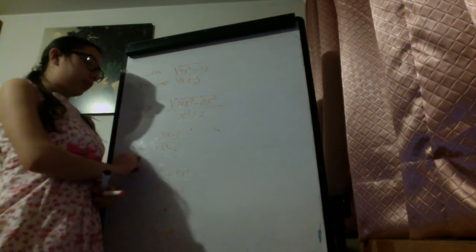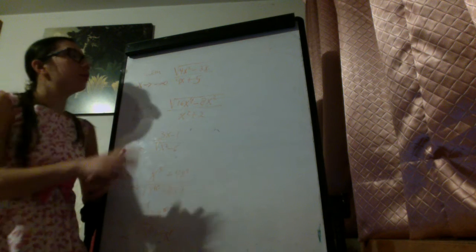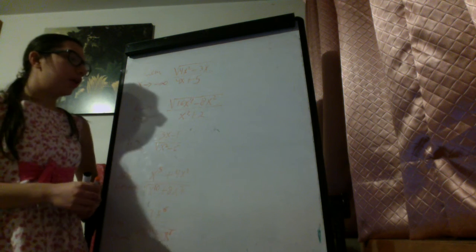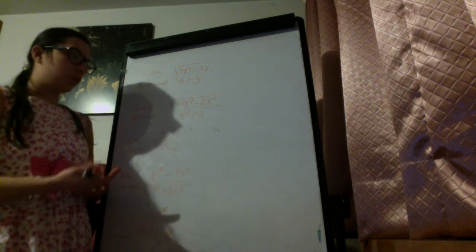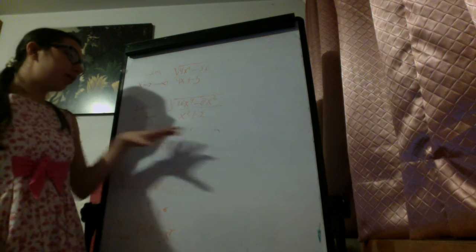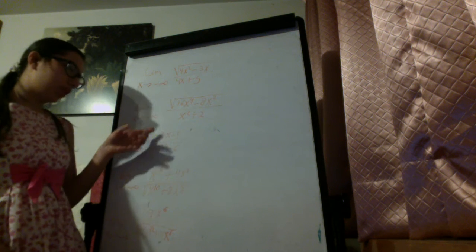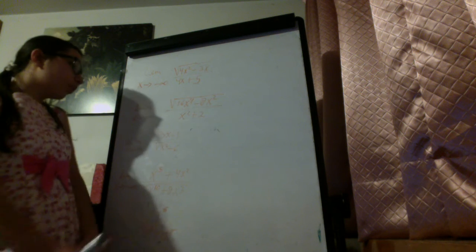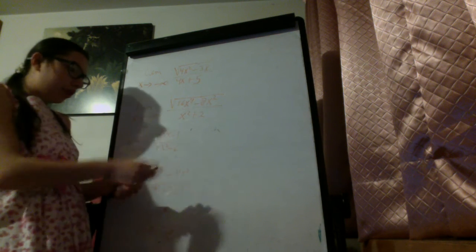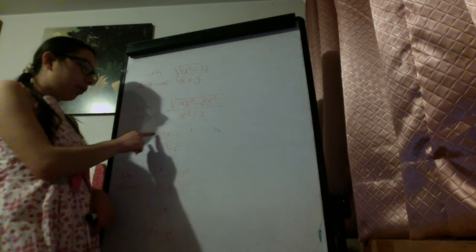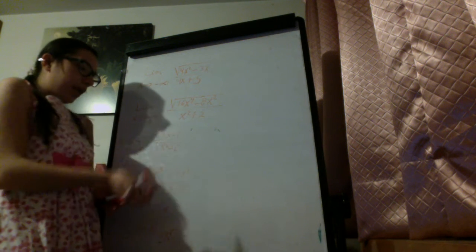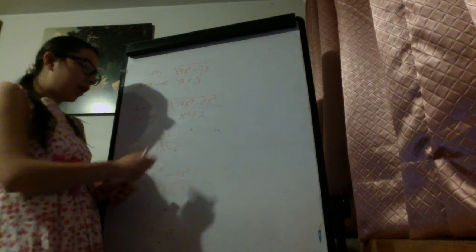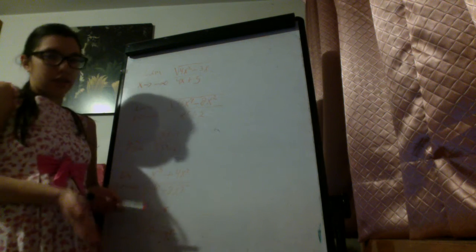X approaches positive infinity. So what we will do in any of them is divide the whole expression by the same denominator. But here you could divide both. Here I will divide the numerator by x, and here I will divide by the root of x squared, that is x.